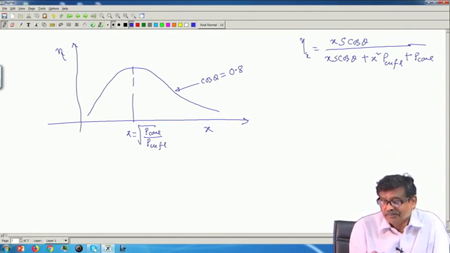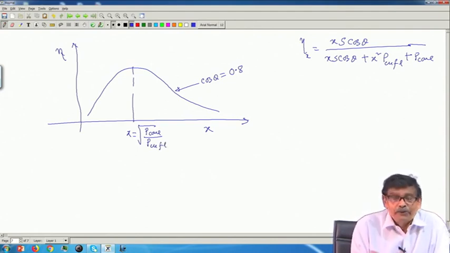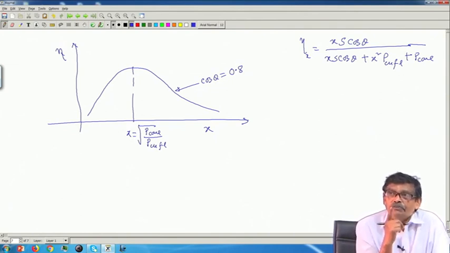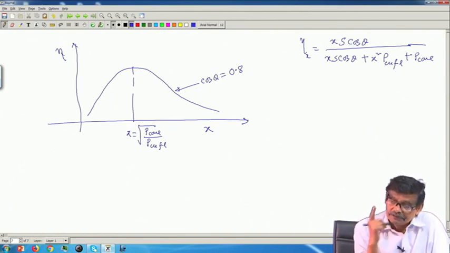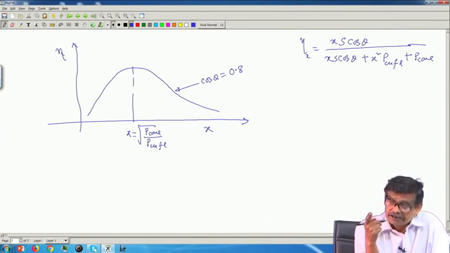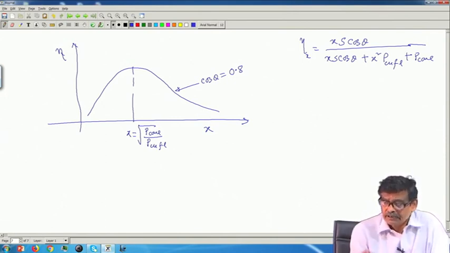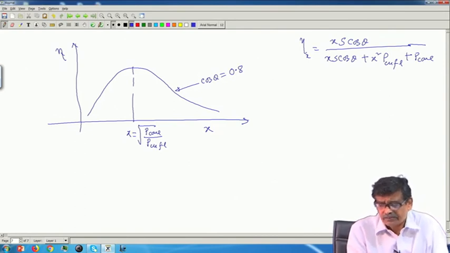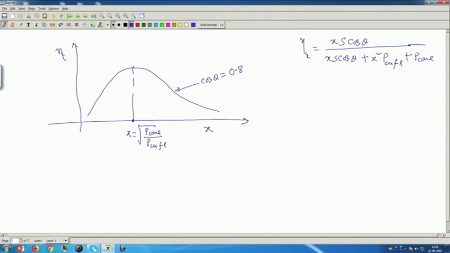Repeating once again, do not feel bored, P core is the reading of the wattmeter from the no load test. P copper full load is the reading of the wattmeter from the short circuit test, and these two numbers you divide, take square root, get this point. This is the degree of loading at which eta max occurs, for this power factor.